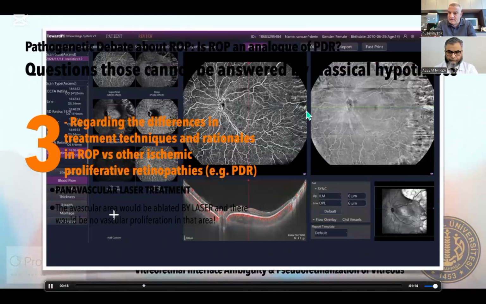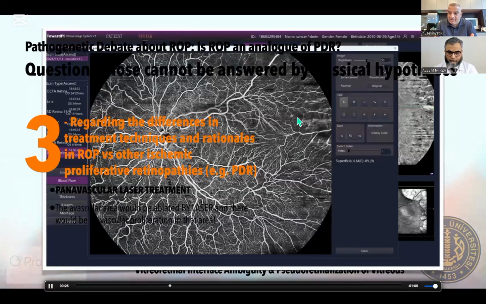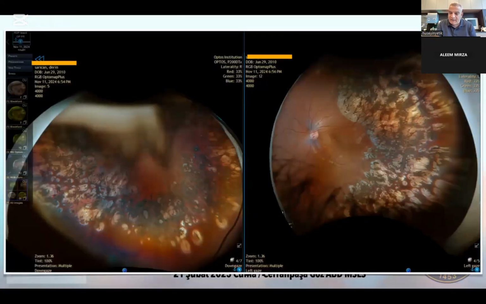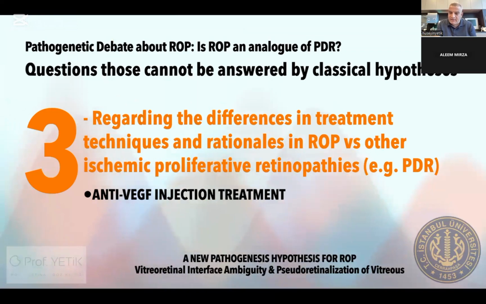Even in the laser cases, vessels continue to progress on the avascular area. So there are some important questions. My colleagues claim that I perform laser to avascular retina and I will stop vascular proliferation. But you see these pictures. I can't see my pointer, but you see the vessels also continue through the laser area. So there should be something different. And ROP, even in anti-VEGF treatment.